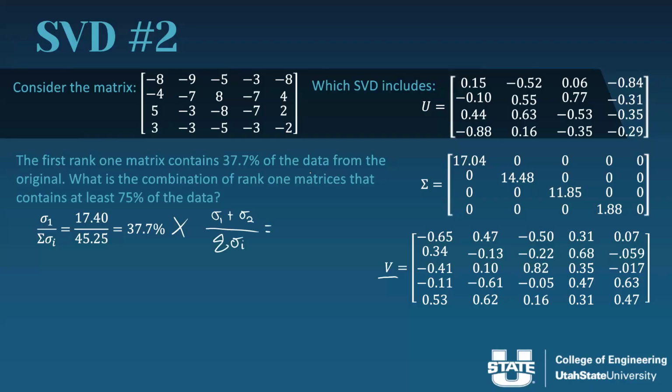That gets us 17.04 plus 14.48, which is 31.52 divided by 45.25, which is 69.66%. So now let's check our first 3.